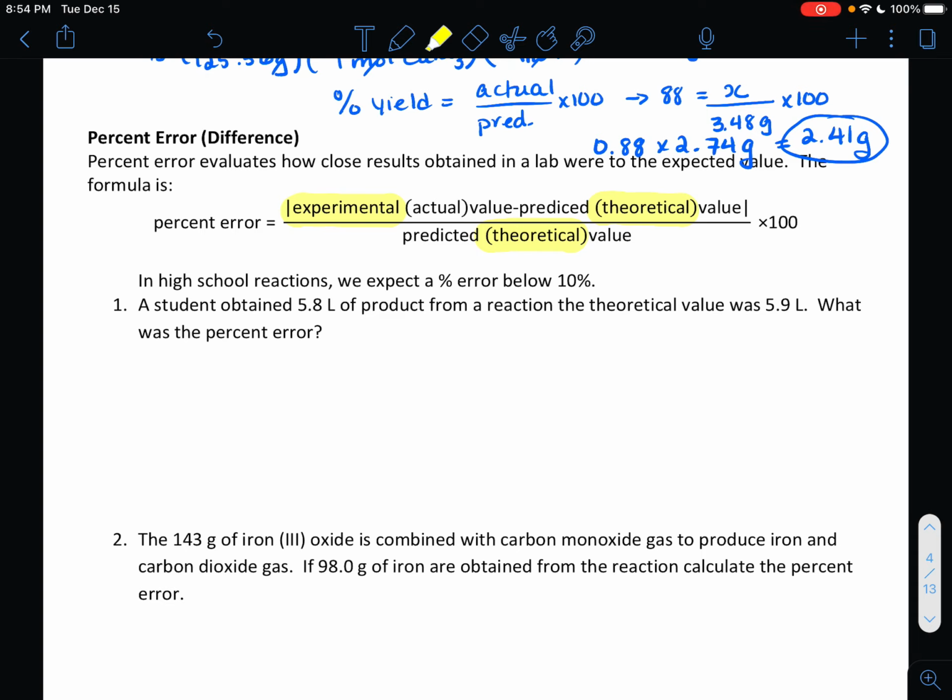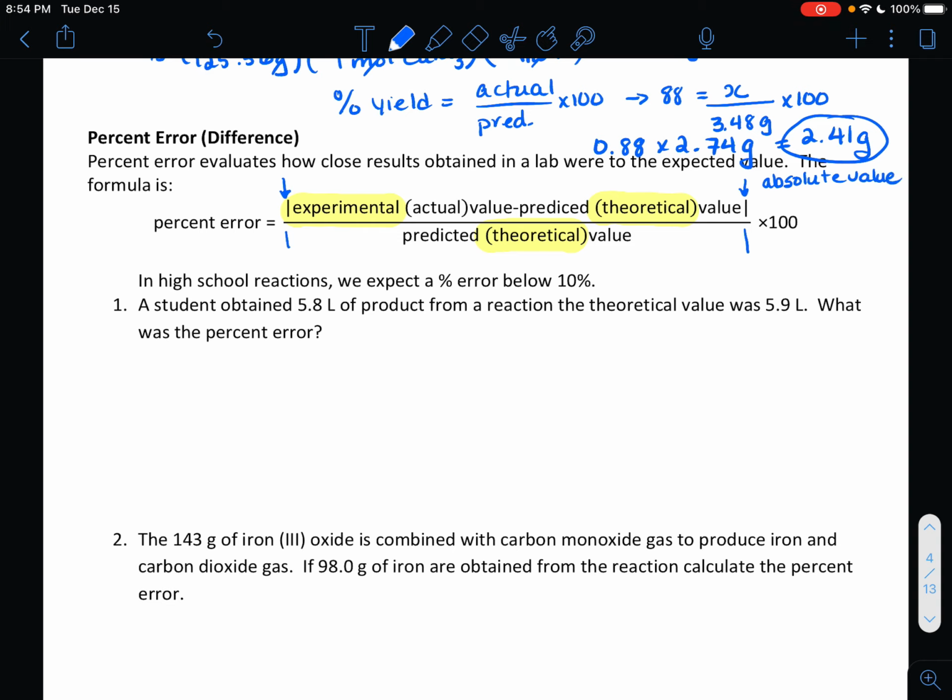Now, another thing that you will see is these lines here, and they really should extend all the way to the bottom, because it goes top and bottom. These are absolute value symbols.